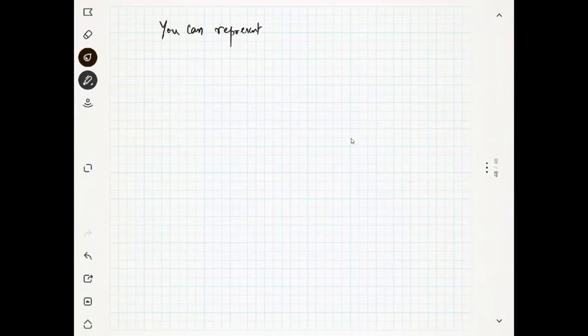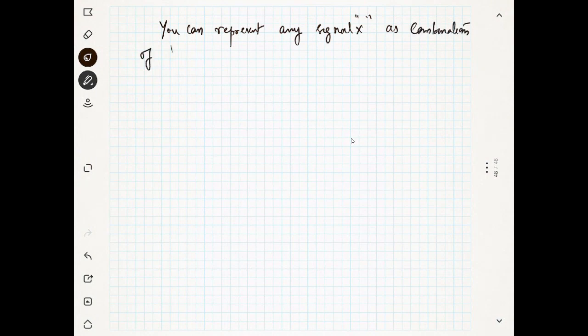So you can represent any signal x as a combination of other small functions, basis functions. This Bi we will call a basis function.